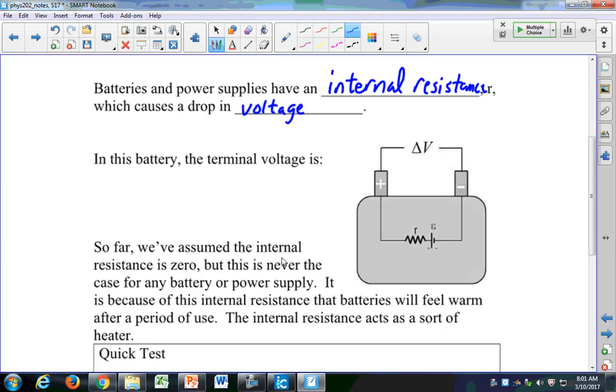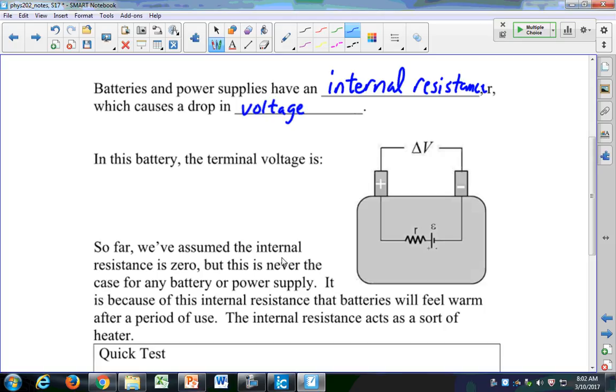Now we've drawn our batteries like this before, but now we're assuming also that it has an internal resistance. So this is all part of the same battery. As this EMF drives electrons through the circuit, it generates a current, and we experience a drop in potential inside the battery. Like before the electrons ever get outside of the battery, they experience a drop in potential. So while you might have a 9-volt battery that ideally provides 9 volts, when you put it into a circuit, you might only get like 8.5 volts because you're losing a half a volt of energy inside the battery itself.